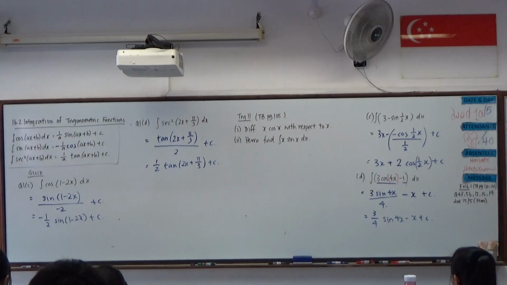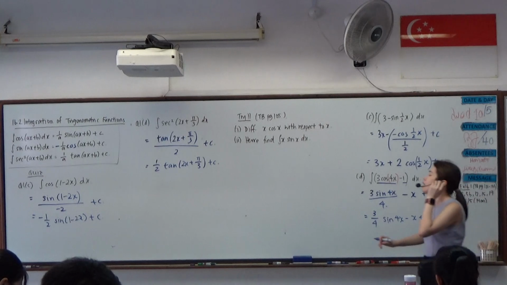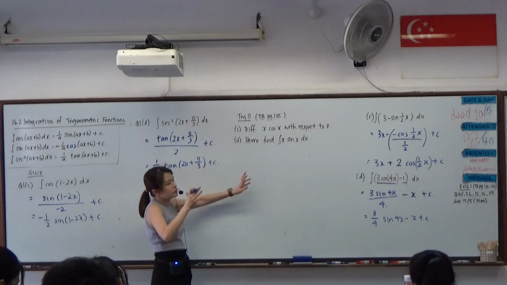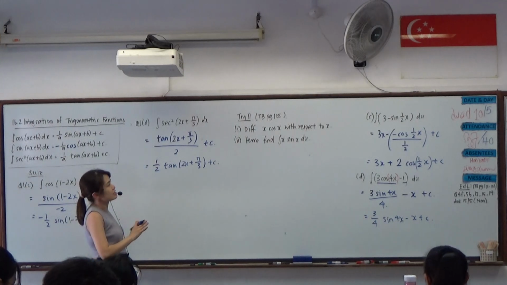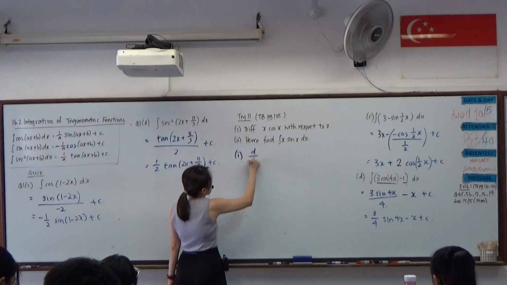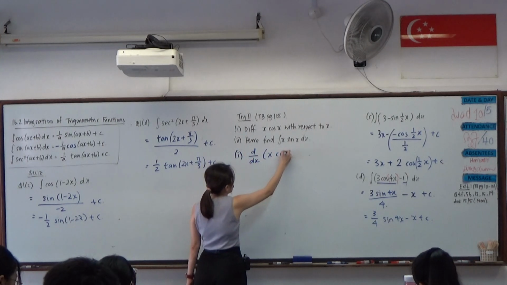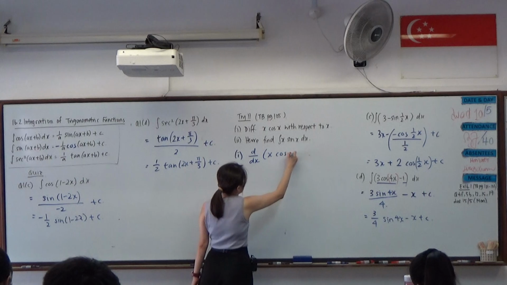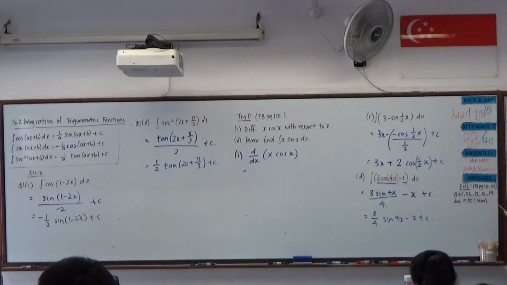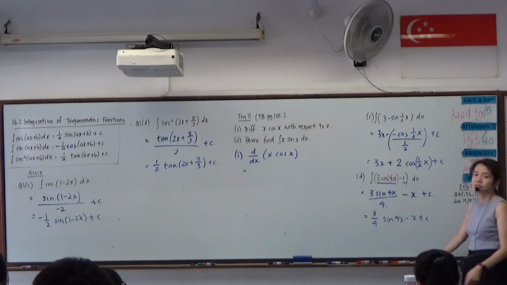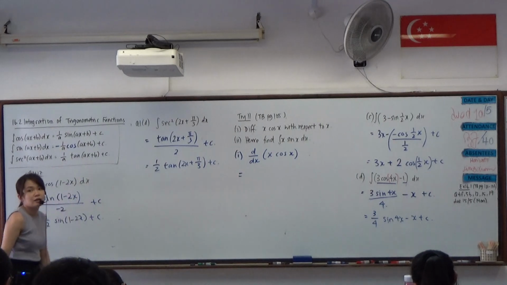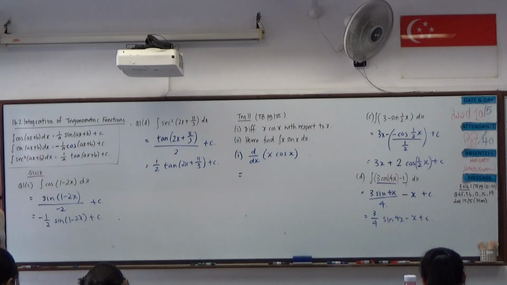This goes back to our fundamental idea of integration. We know differentiation and integration are opposite. So in part 1, the question is asking us to differentiate x cosine x. To differentiate that, we will apply our product rule. So what will we actually get, Jovia? What's our differentiation of x cosine x?